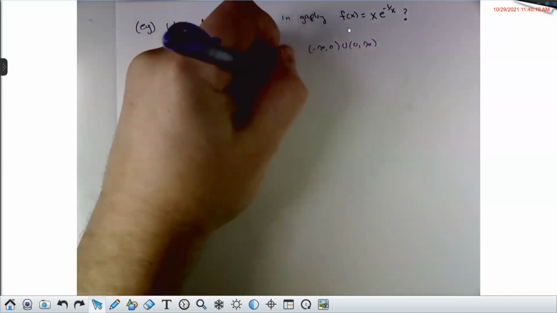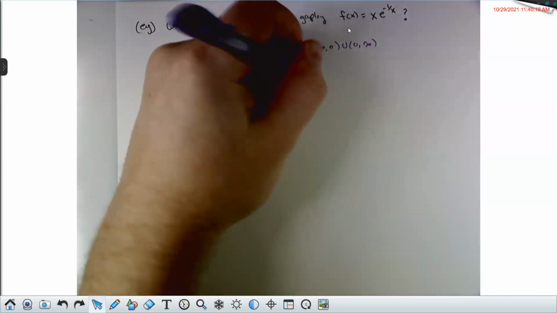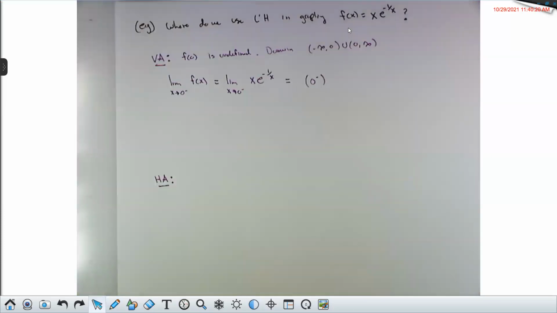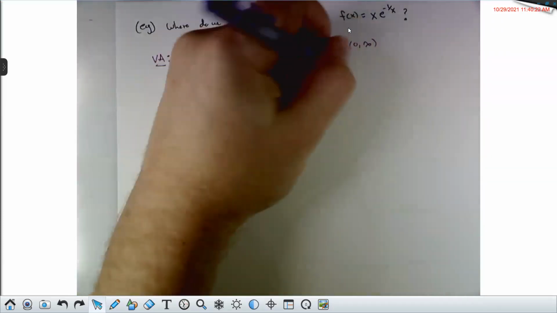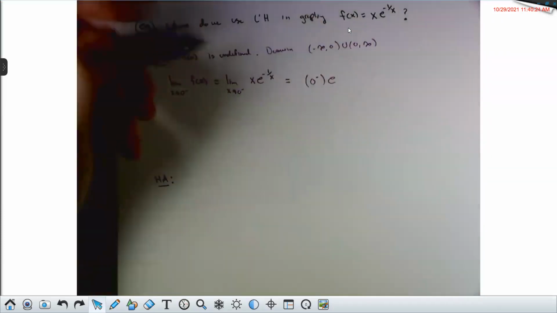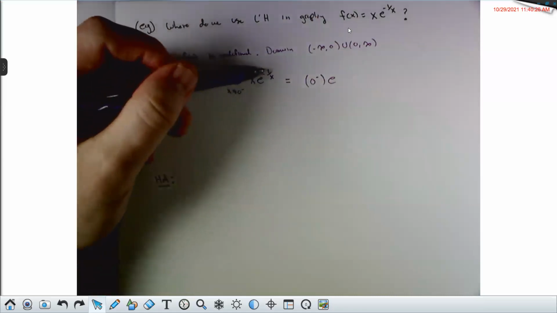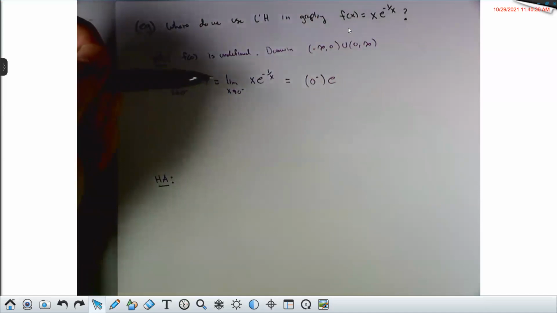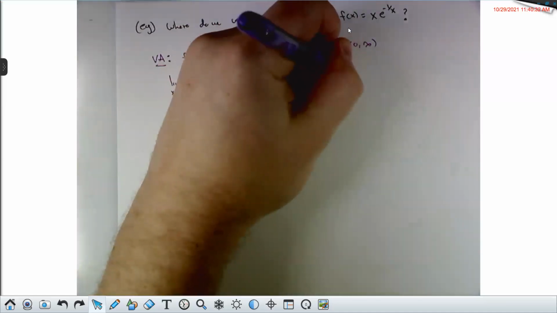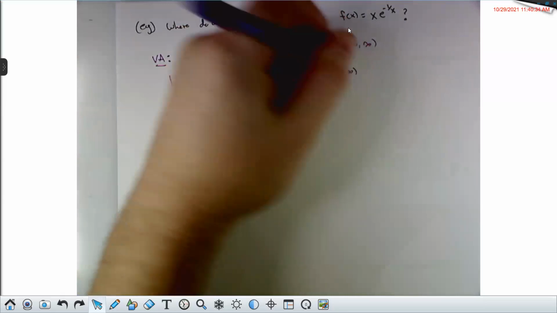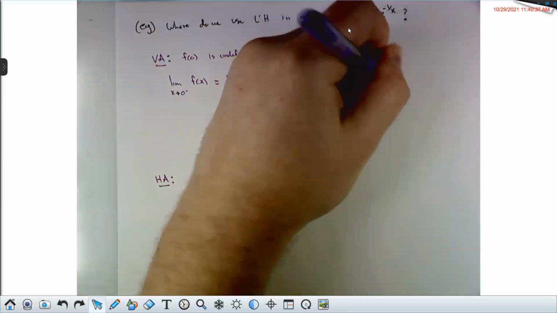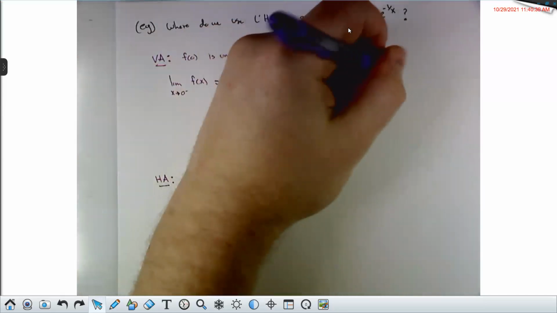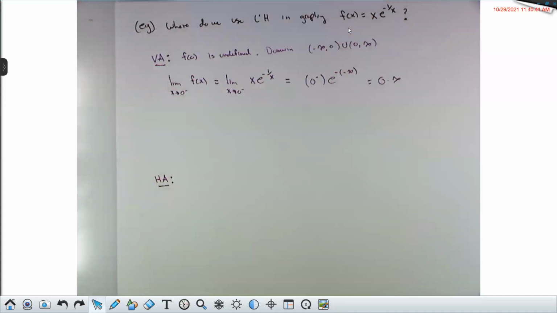If I'm going to 0 from the left, then that x piece would be a 0 minus. And e to the negative 1 over x, as x goes to 0 from the left, 1 over x goes to negative infinity. So this is like a 0 times e to the infinity, which is infinity. And that is an indeterminate form.